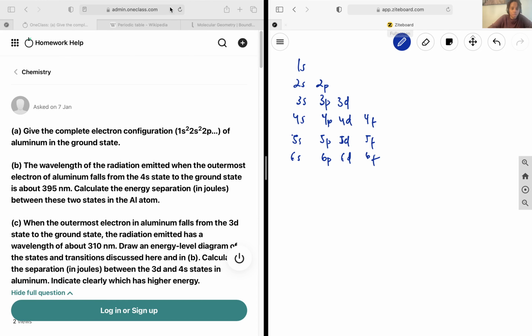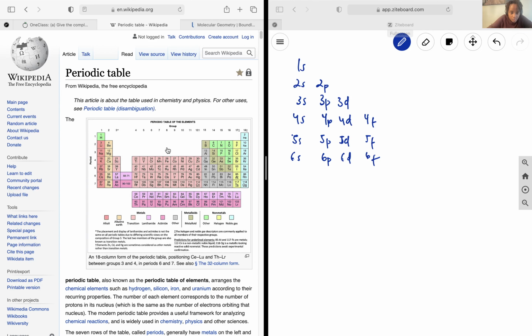And let's just check where aluminum is on the periodic table. And so we find it here. So we're expecting to go into the 3rd period, so it should be ending in 3p1 if we follow the periodic table. And so let's just complete Madelung's rule on this side.